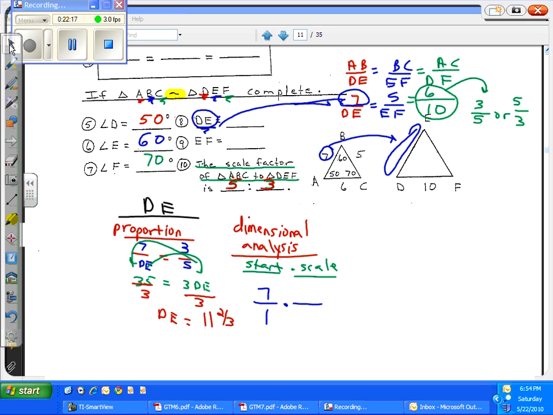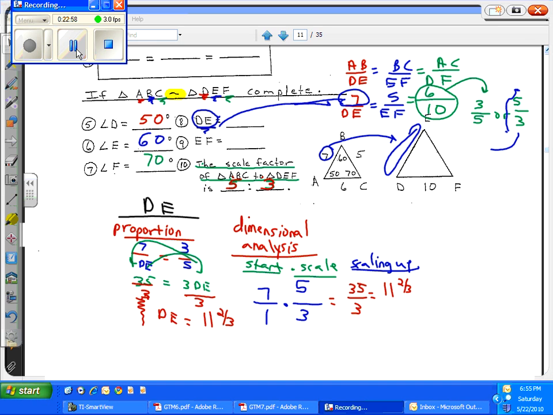So I'm trying to go from a side of the little to a side of the big, so I'm scaling up. If I'm scaling up, I'm going to use the scale factor of 5/3. So I'm going to multiply by that scale of 5/3, which would give me 35/3, which you can see is the same as that right there. And so the result again is 11 and 2/3. Okay? Any questions on that?